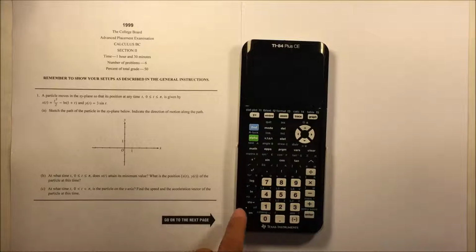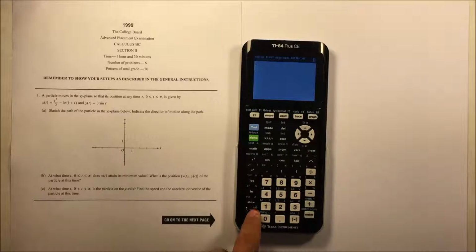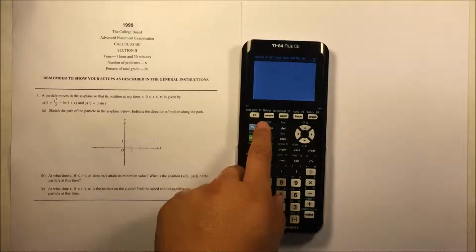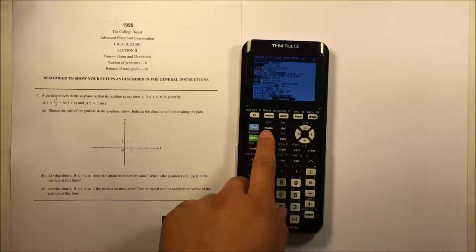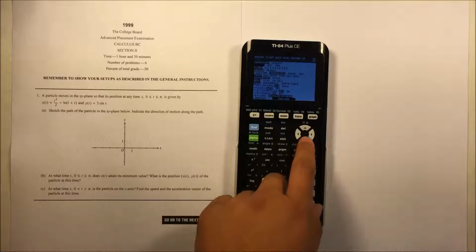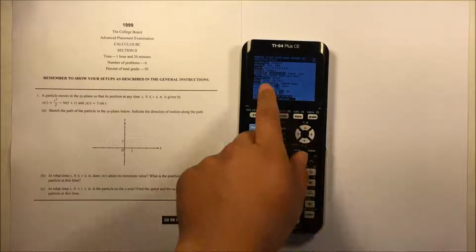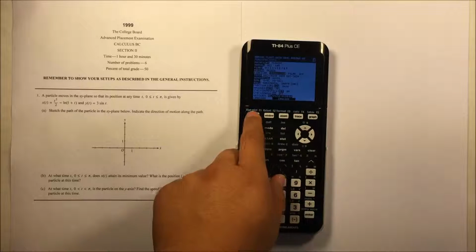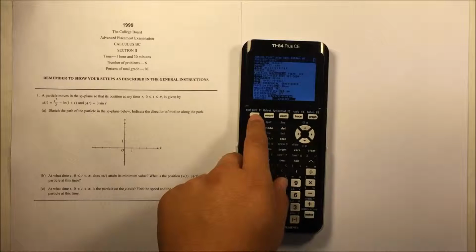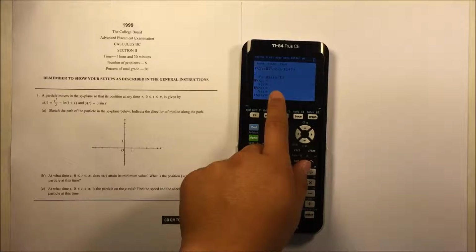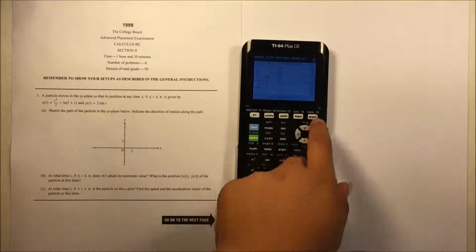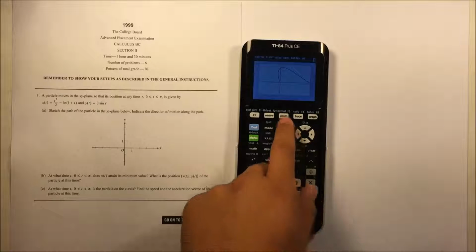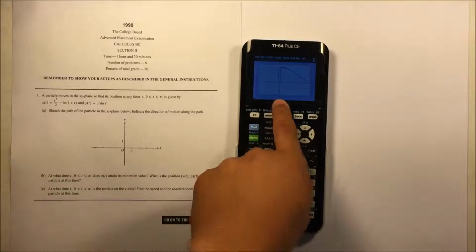Since this is a calculator active portion, we simply fire up our trusty old graphing calculator, go to mode, and be sure to set this setting to parametric. Hit enter, and we can enter our function. As you see here, I've already done that, so we can go directly to graph and get this.